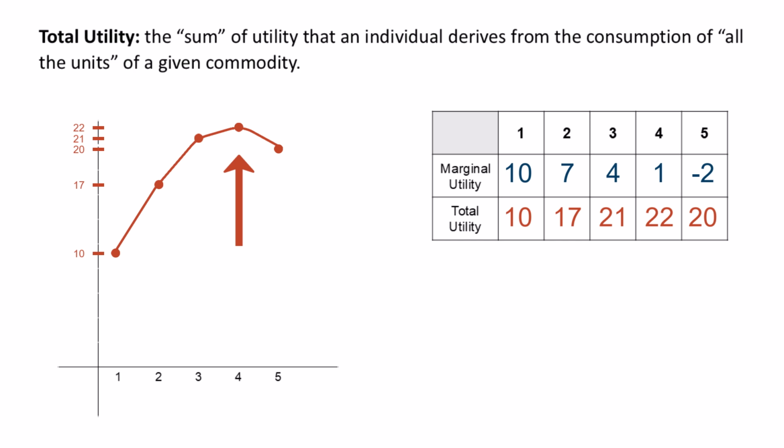That's why we consider drinking the 5th cup of water irrational decision making. And this is how we understand total utility using the definition, table, and graph. This is how we make rational decisions, and I hope you understand the concept of utility, marginal utility, and total utility when you make decisions.